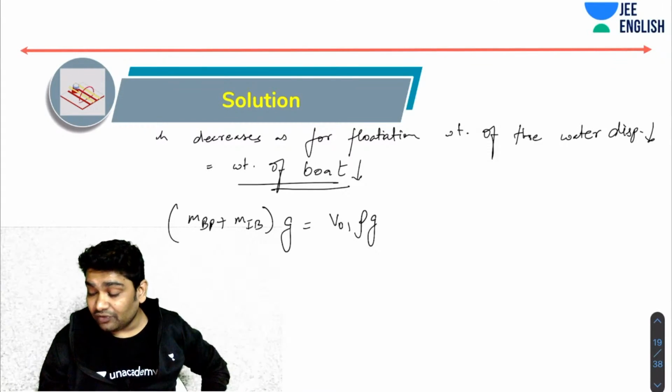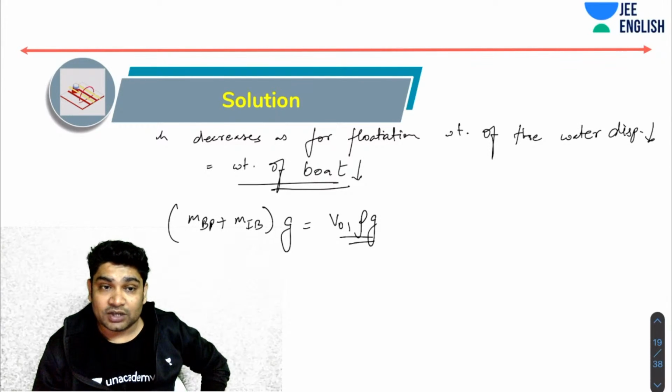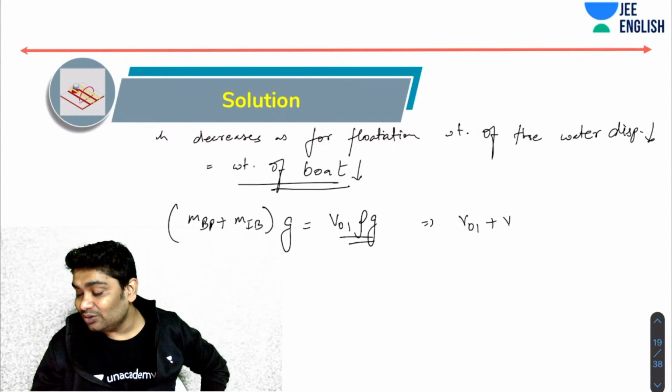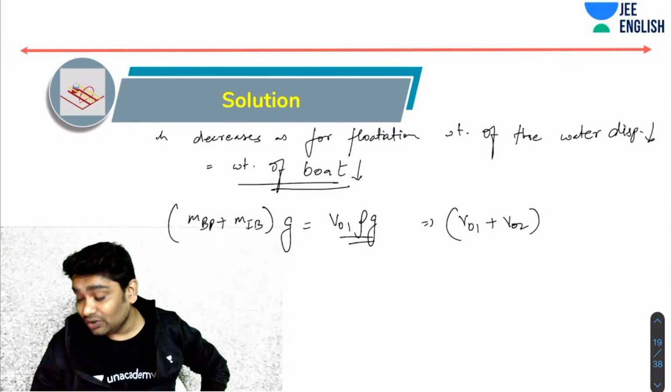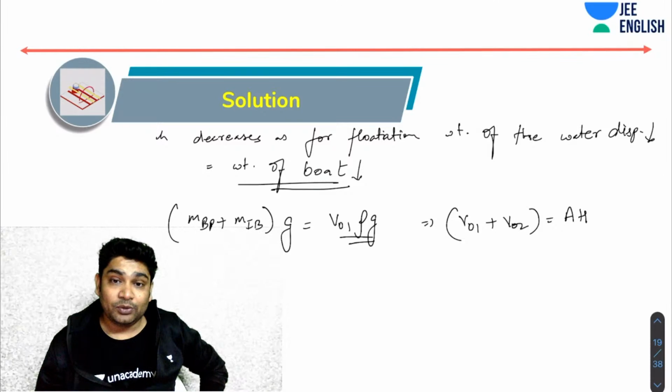Initially that is what V naught 1 would be, the volume of the water displaced. Now I can also say V naught 1 plus V naught 2 would be equal to the area of cross section of the swimming pool times capital H. This will be the total volume.